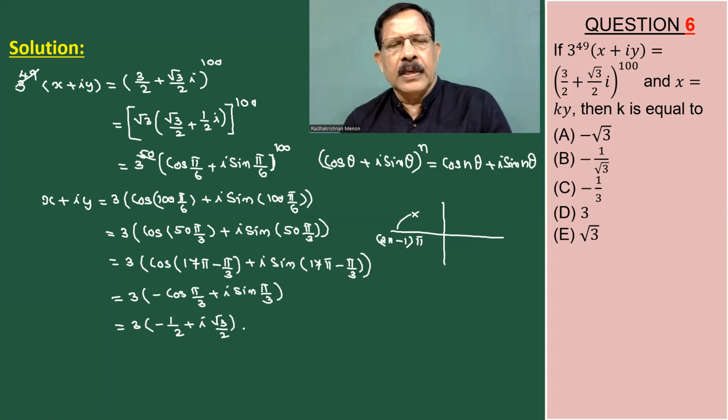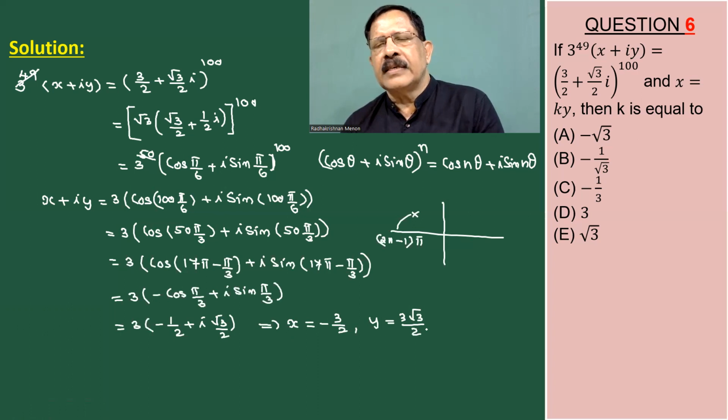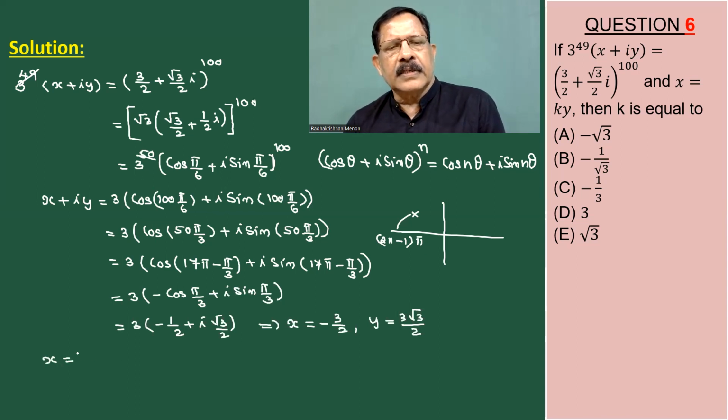So definitely, by equating real part and imaginary part, x is equal to minus 3 by 2, y is equal to 3 root 3 by 2. Given x is equal to ky, you have to find out k.